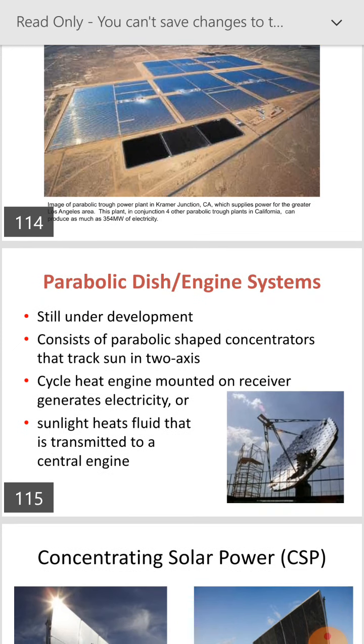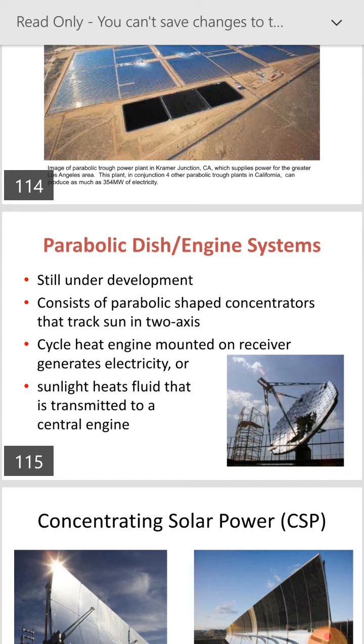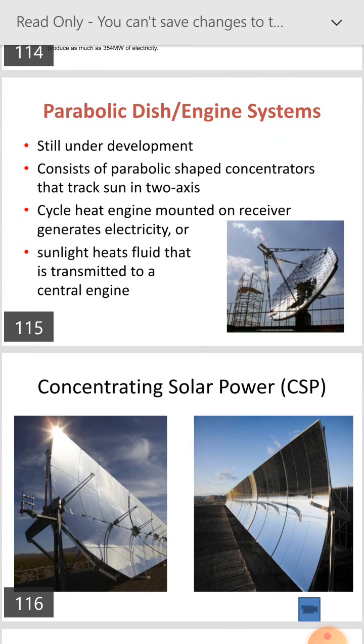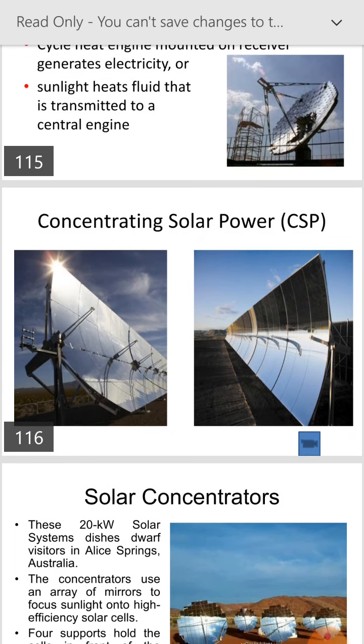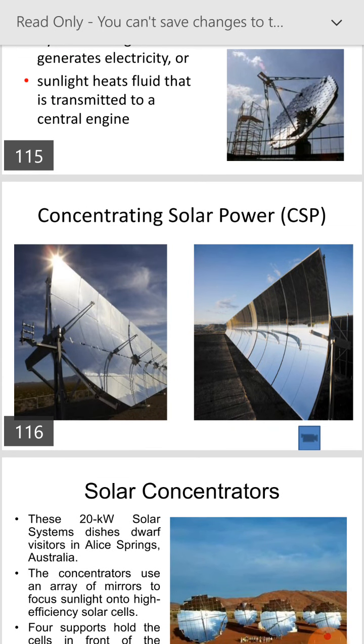Parabolic dish engine system. Still under development, consisting of a parabolic shape concentrator that tracks the sun in two axes. A cycle heat engine mounted on the receiver generates electricity, or sunlight heats fluid that is transmitted to a central engine. Concentrating solar power.